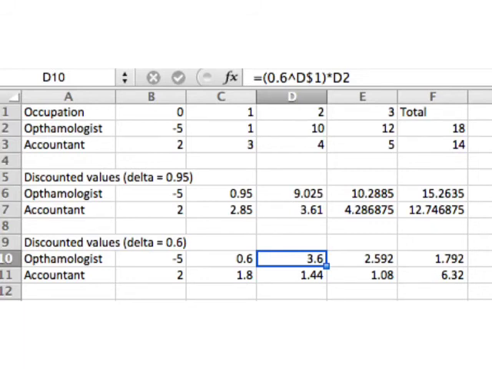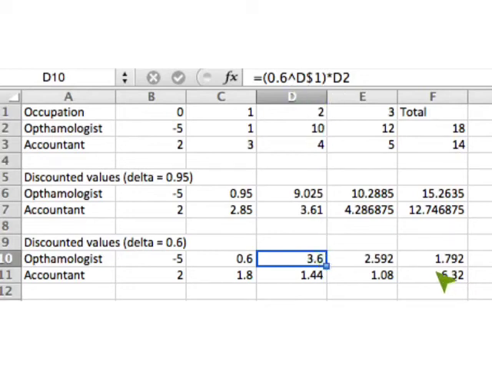For part E, all I did was repeat the exercise that I did for part C, as I recall. And I just changed the discount factor from 0.95 to 0.6, but you can see that the formula has remained the same, as of course it would.